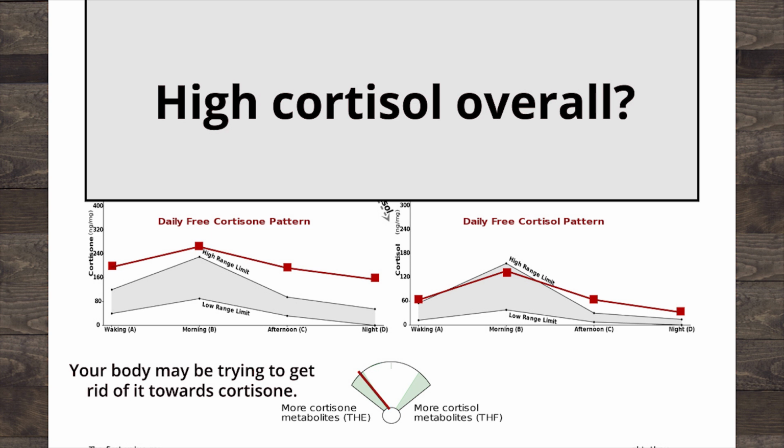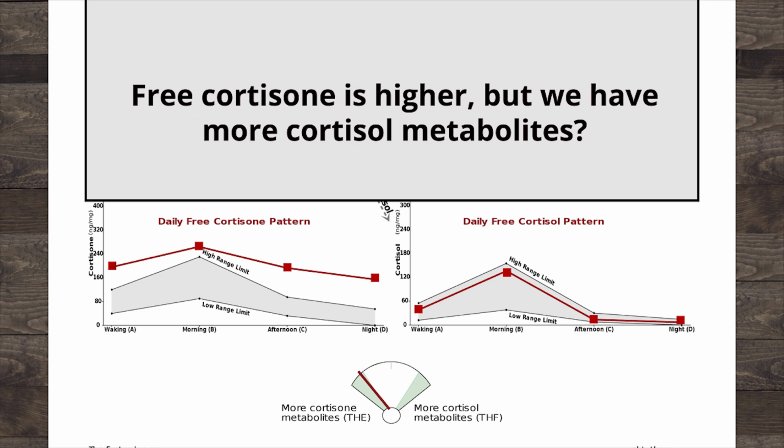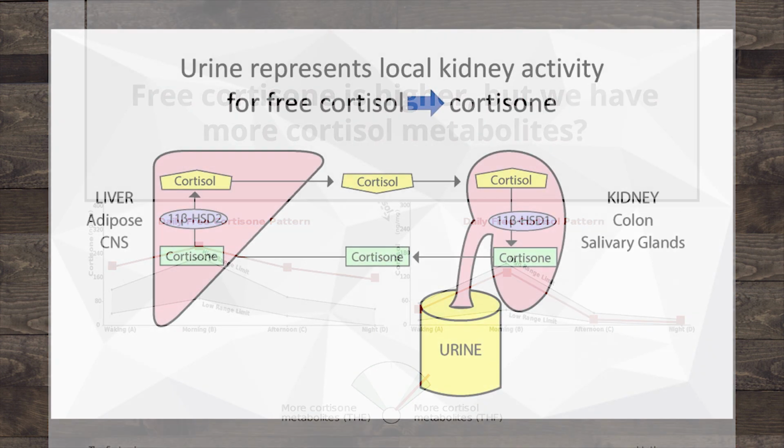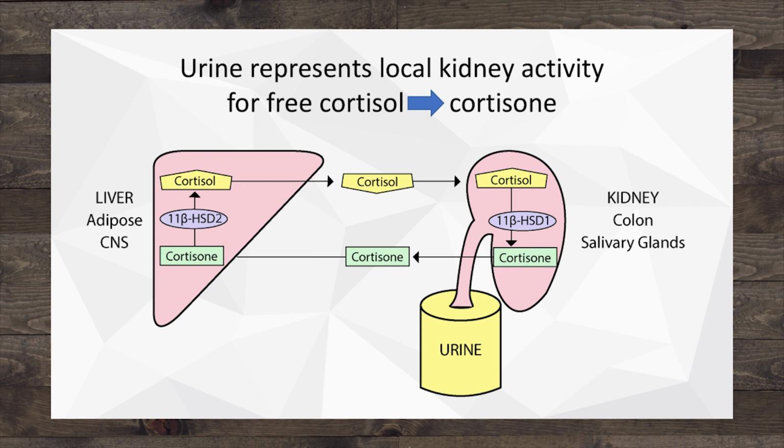If, however, in this situation, we have again the cortisone being higher, and then we move down to the metabolites and we see a disagreement that it says that the cortisol is actually favored, this actually makes intuitive sense in that local tissue, the kidney, where the urine's coming from, there's a lot of deactivation.